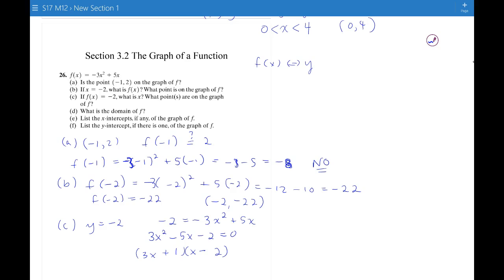So that looks like 3x squared minus 5x minus 2 is 0. So either 3x plus 1 equals 0, or x minus 2 equals 0, and x equals -1/3, or 2. So there are two places on the graph where f of x is -2. It's -1/3 and 2. So let's do the rest of these together.